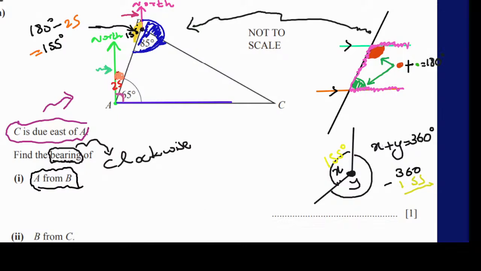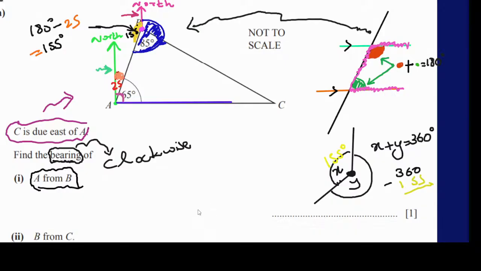So let's see whether we can apply this knowledge to the question that we are doing. Here at this point B, we have this 155-degree angle and also this big blue angle. So how do we find this big blue angle's magnitude?